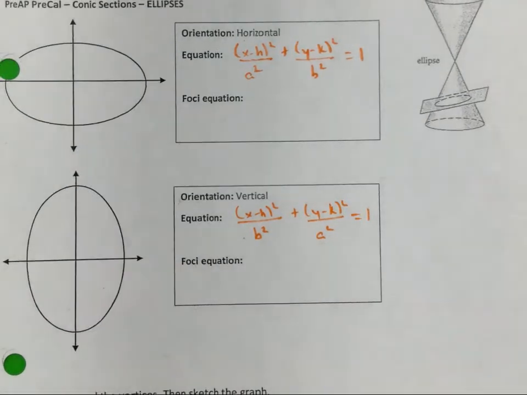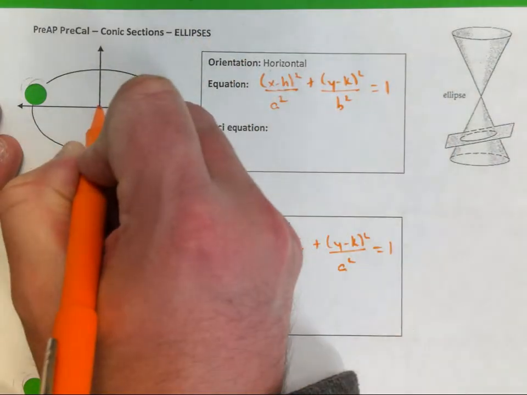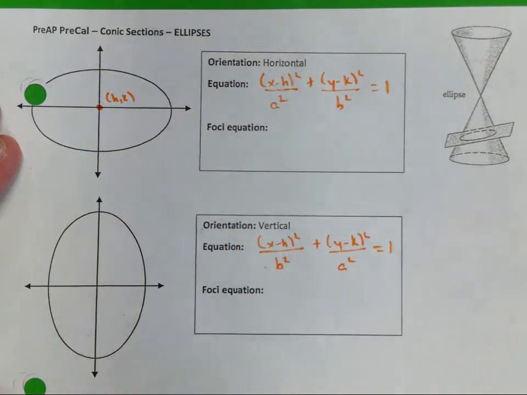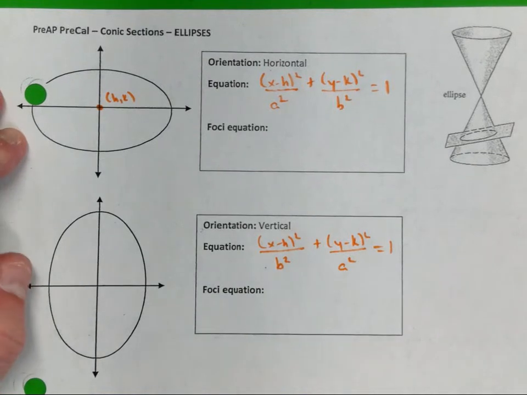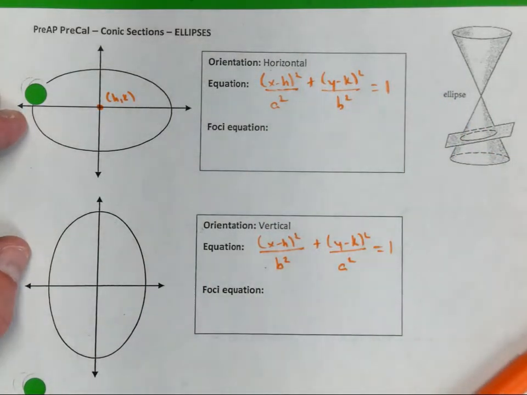So let's talk about what A and B values are. Let's say we have the center of this ellipse. It's at HK. I got that from here. A squared. Just the regular value A, not A squared.